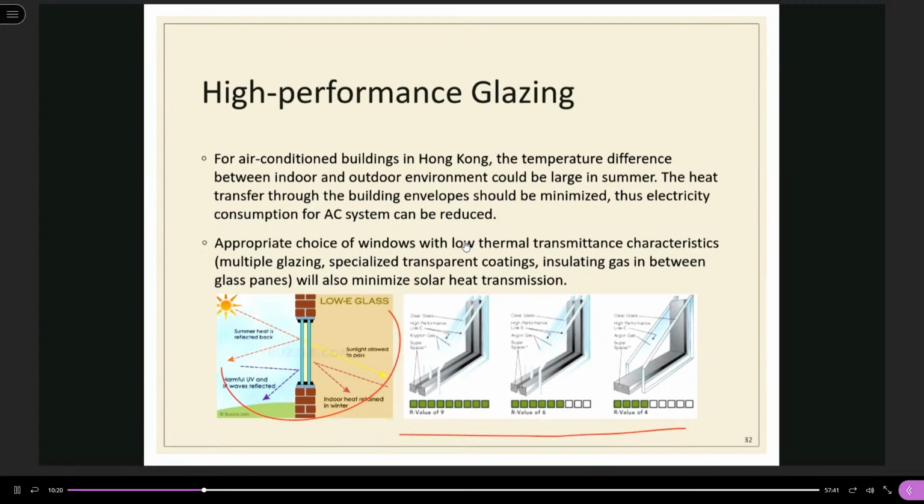So appropriate choice of windows with low thermal transmittance characteristics, like multiple glazing, specialized transparent coating, and insulating gas in between glass panes, will also minimize solar heat transmission.